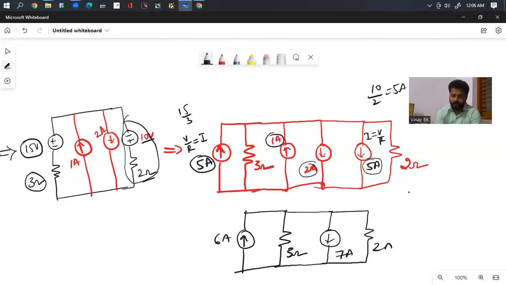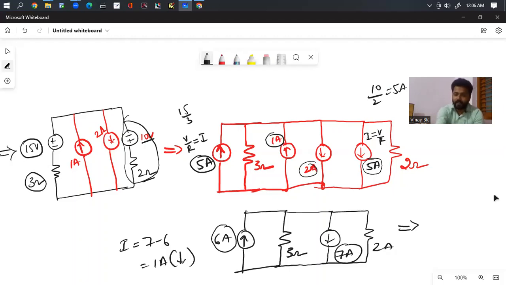So now we can observe 6 amperes is flowing upward, 7 is flowing downward. Which is having the highest magnitude? The downward direction current source is having the highest magnitude, so 7 minus 6, that is nothing but 1 ampere, and the direction is downward because the highest magnitude has downward direction.